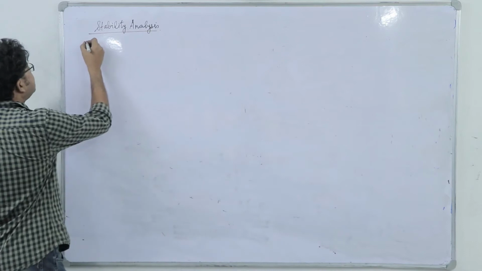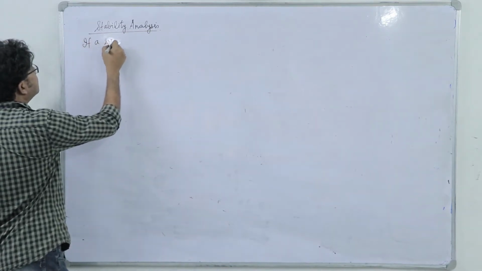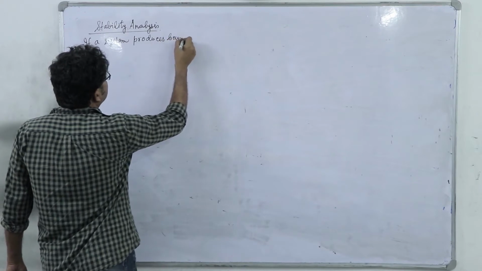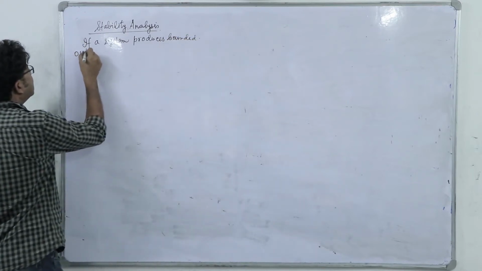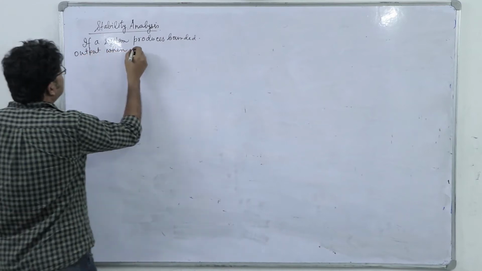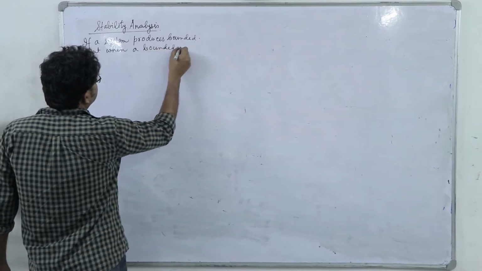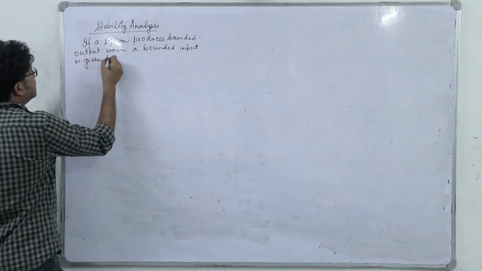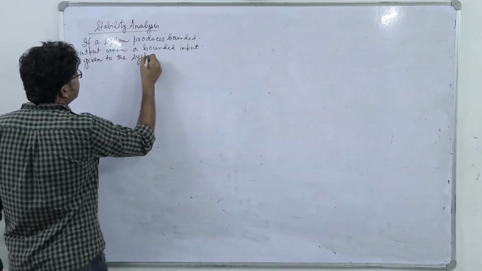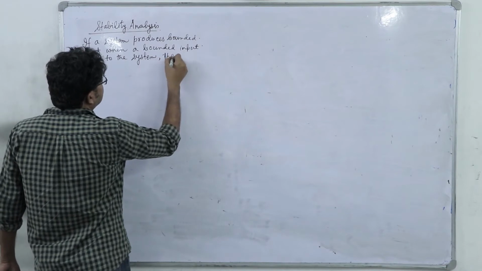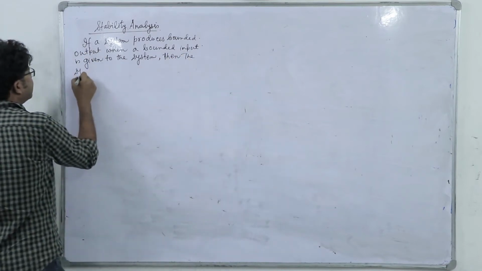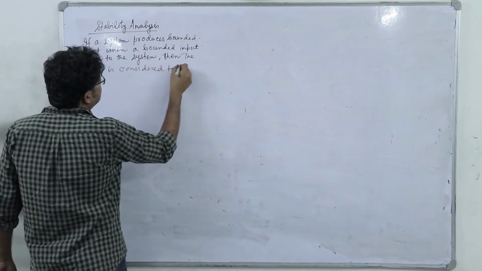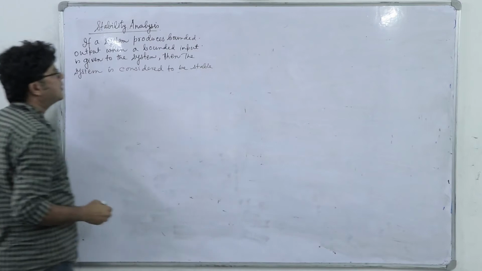That means if a system produces bounded output when a bounded input is given to the system, then the system is considered to be stable, right.